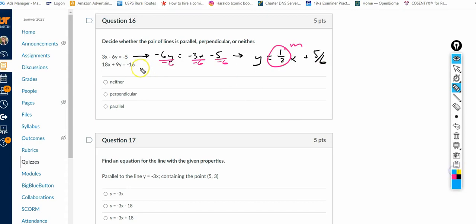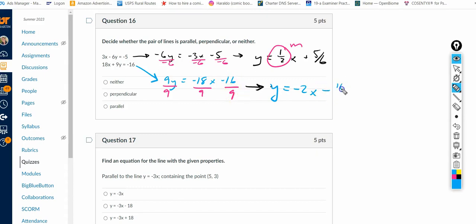For my second line, I'm going to subtract 18x from both sides. Then I'm going to divide everything by positive 9. So I'm going to have y is equal to -2x minus 16.